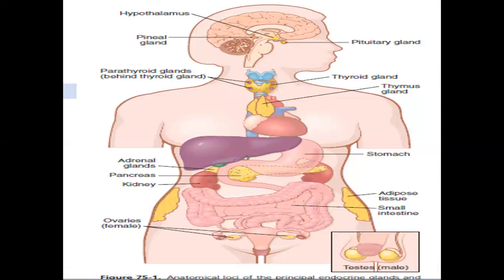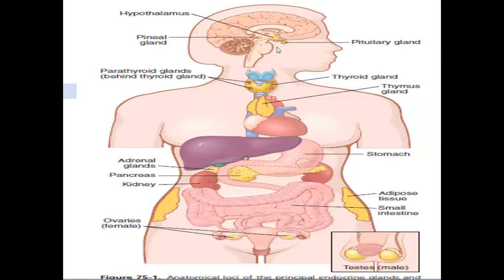They act on corticotropes found in the pituitary gland to produce another set of hormones. Now, I will have a more detailed discussion on these hormones, each specific hormone produced by each specific gland, in my next lecture. So please keep posted for that lecture video.